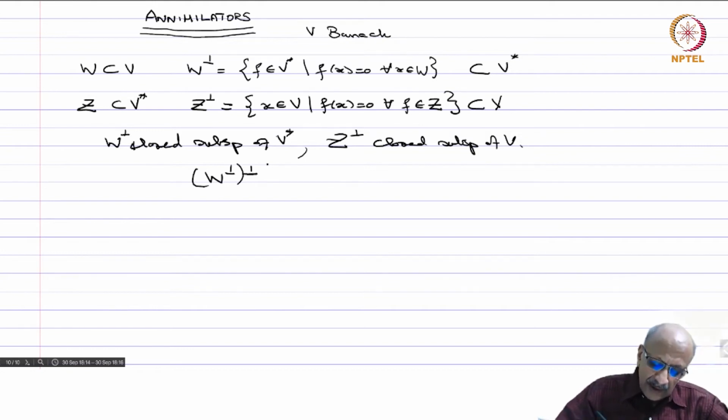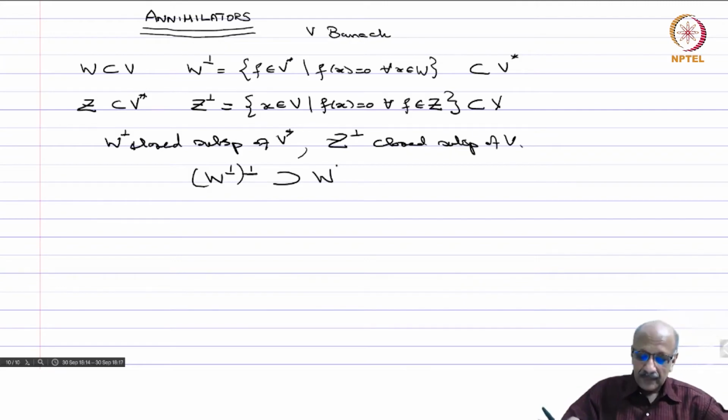So it will be killed by every element of W perp, and that means it belongs to W perp perp. So W perp perp contains W, because if x is in W, then for every element f in W perp, f of x will be 0, and therefore x has to be in W perp perp. Since the perpendicular is a closed subspace and it contains W, it will also contain the closure.